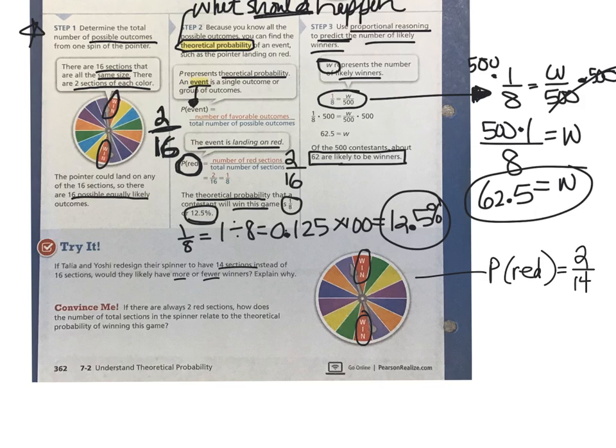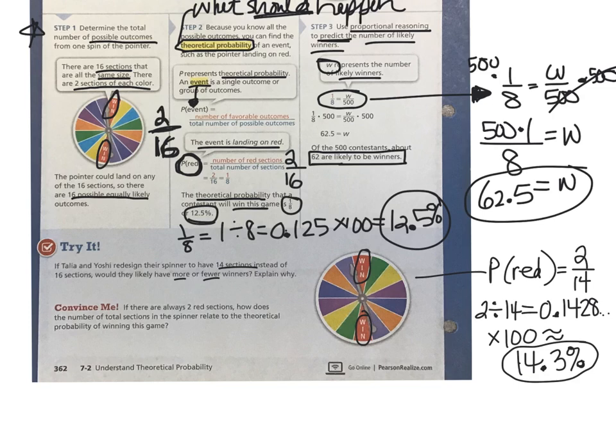So let's change that 2/14, or 2 out of 14, to a percentage so that we can compare it to the percentage that we had in example 1. So 2 divided by 14, do that first. And then take that answer, decimal, times 100. Now this decimal is a long repeating decimal actually, and you can't fit it all on the calculator screen, but what you can see is that when you multiply by 100, you get about 14 3/10%.